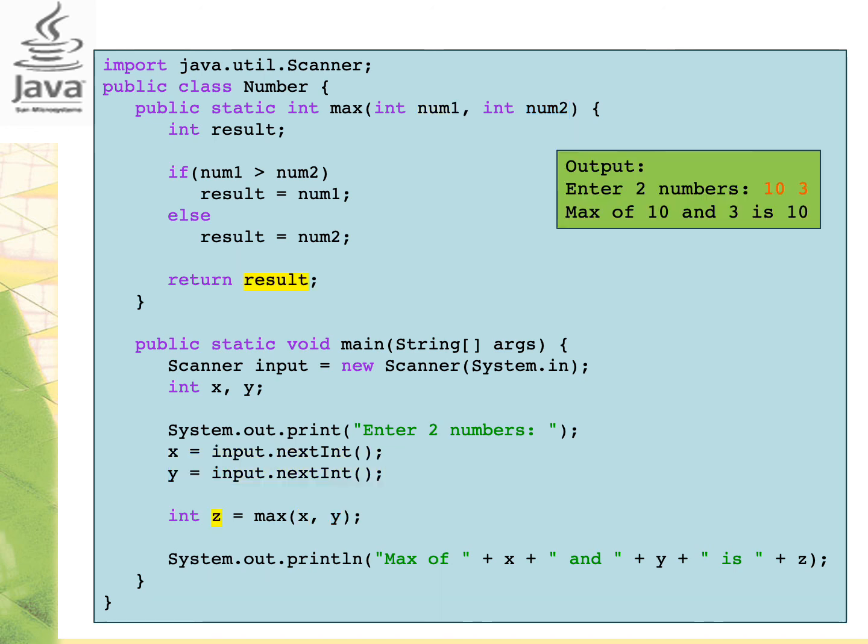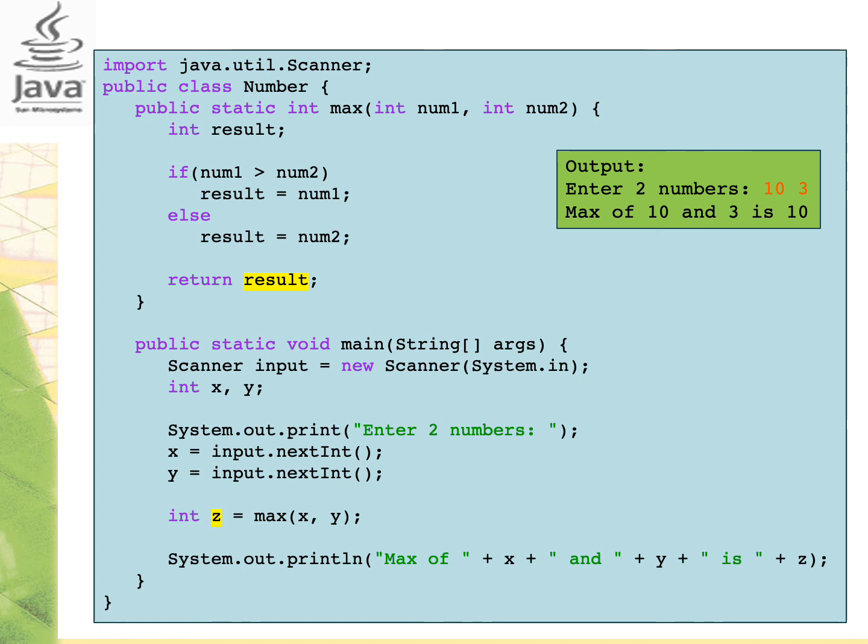At the end of the max method, the return result will pass the max value, either num1 or num2, back to variable z that invokes the method. So z will have the value of result. The if-else within the max method compares 10 and 3. So 10 is larger than 3.